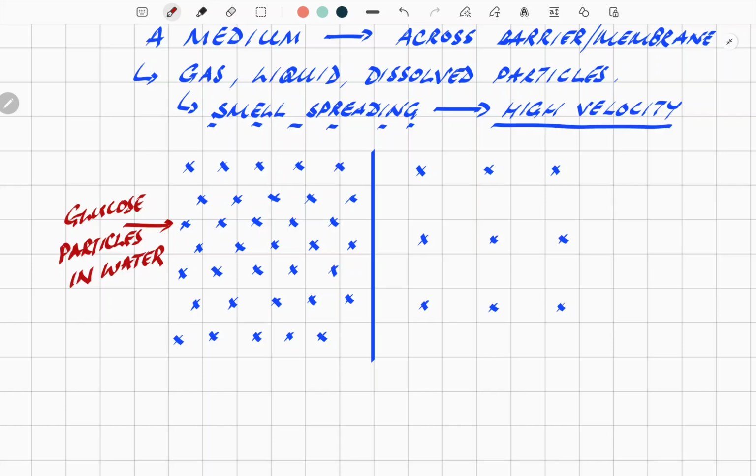Now, in this case, you can see that obviously we have more glucose on the left-hand side than we do on the right-hand side. And this is some sort of a membrane or barrier. So you can call that the cell membrane, for example. This one is the high concentration, and on the right-hand side is the low concentration.